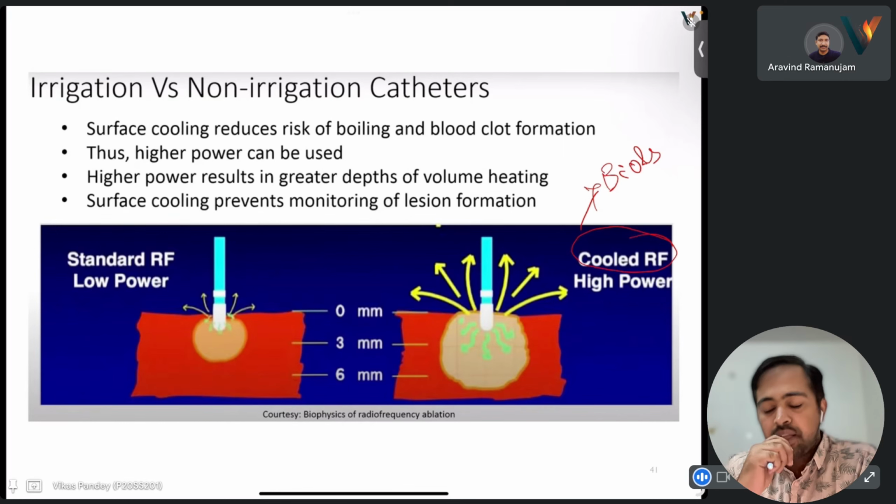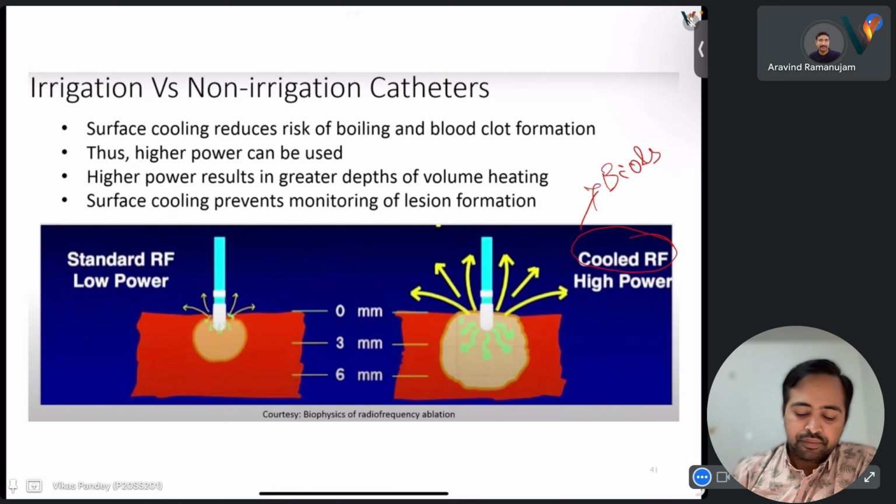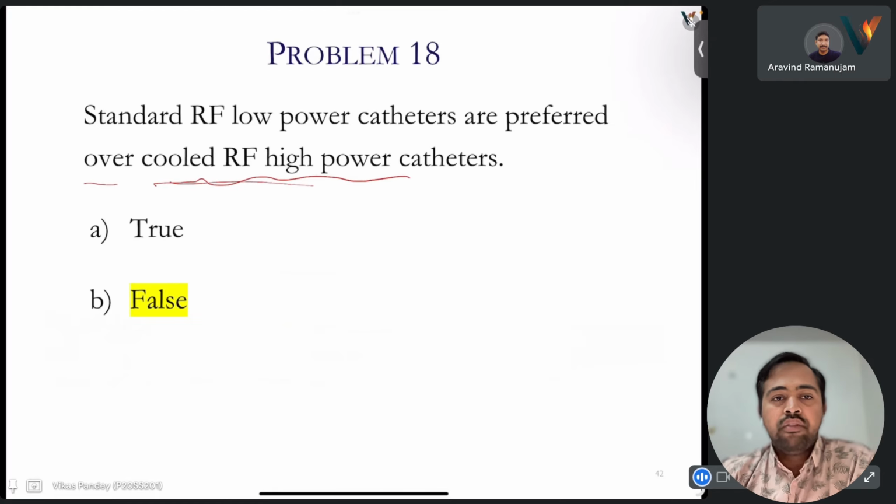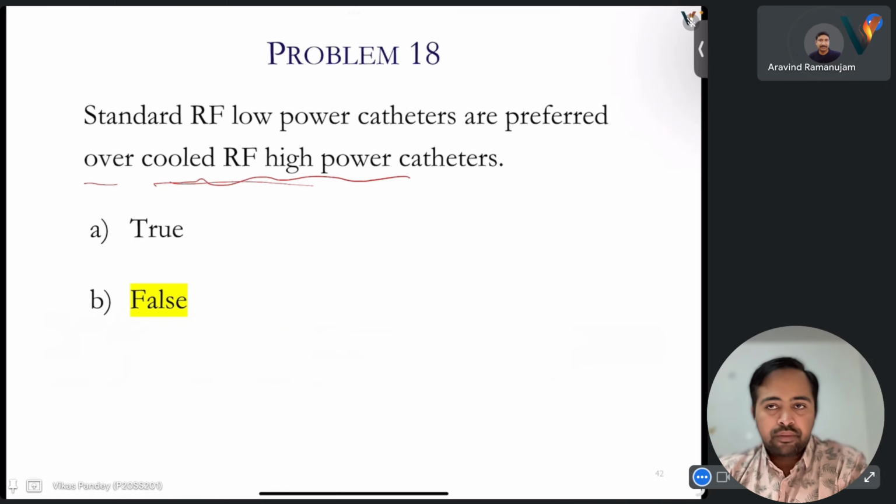So if it is cooled at that time itself, it is heated but cooled at that time, and the chances of boil formation are less. So it is false. Cooled RF is preferred, not the standard RF, because we have the cooling technique along with that.